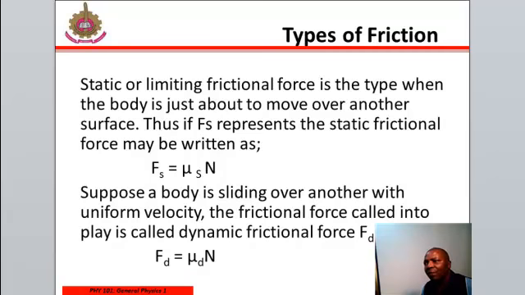Static or limiting frictional force is the type when the body is just about to move over another surface. That is where you talk about static or limiting frictional force.